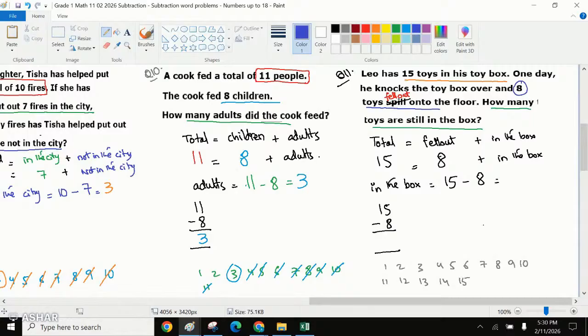How many numbers do we need to remove? 15 minus 8. 1, 2, 3, 4, 5, 6, 7, and 8. So we are left with 7 in the box. And we know that 15 minus 8 is 7. Okay. Let's move ahead.